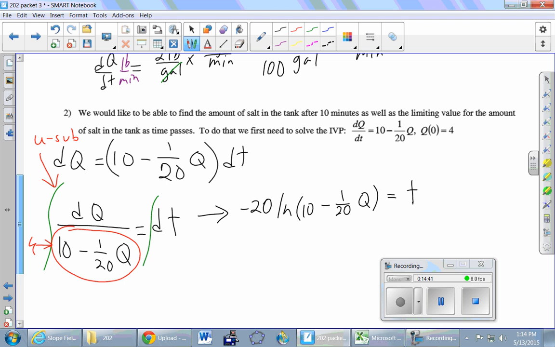Can't separate addition and subtraction in the bottom. Okay, so that looks good to me. What am I missing? Plus c, right? So we'll just put the plus c on the right-hand side. But again, there's lots of details that we omitted. As I said, you can check it later.